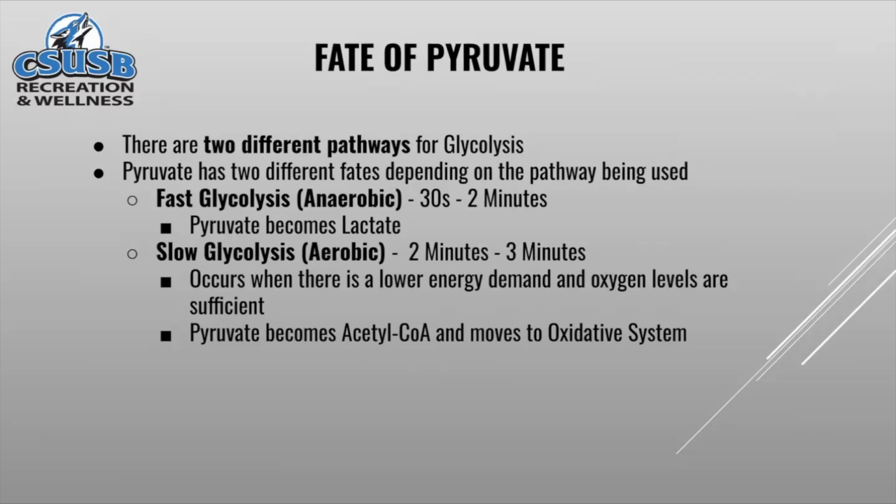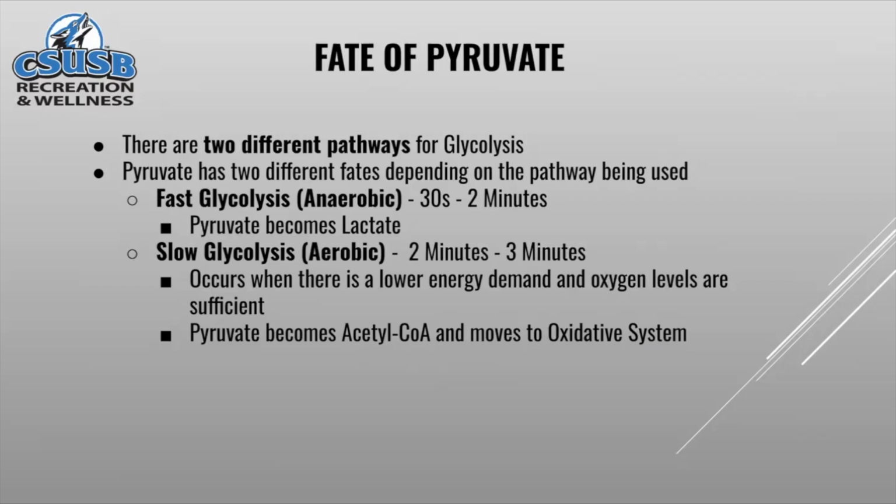In the presence of oxygen is aerobic, and without oxygen is anaerobic, right? Anaerobic means we don't have oxygen. So our fast glycolysis is a little bit more intensity based and shorter duration exercise. And when we have that, that pyruvate will become lactate.